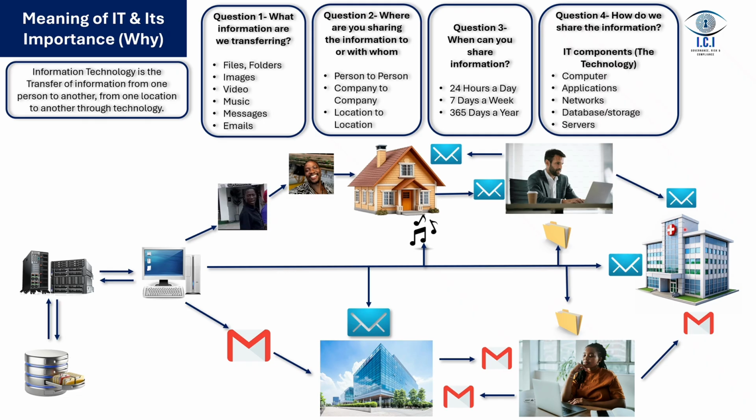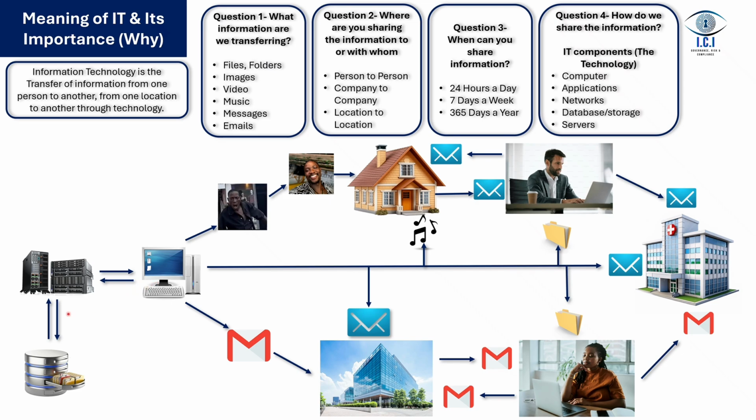The next question: how do we share the information? The only way we can share information is through the IT component, which is technology. When we talk about technology, we're talking about our database, our server, our computer. This is the only way we can share information.